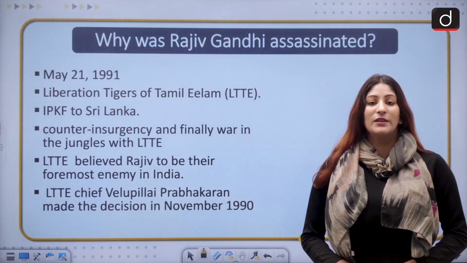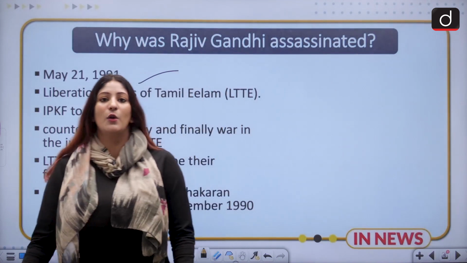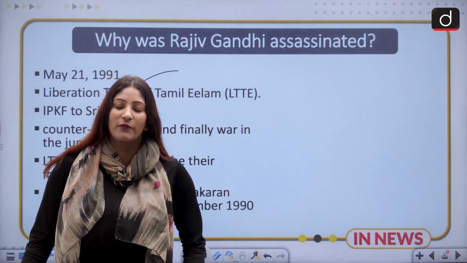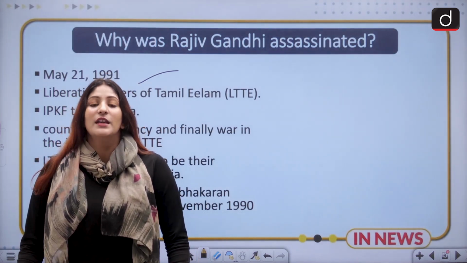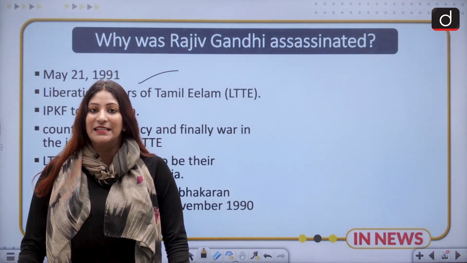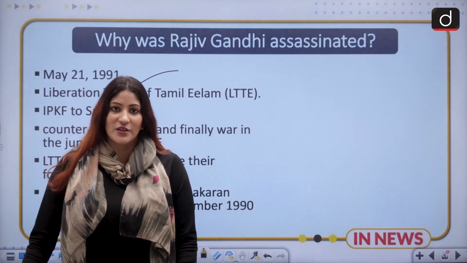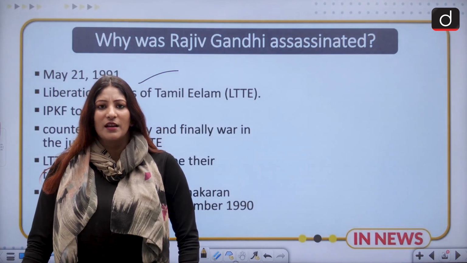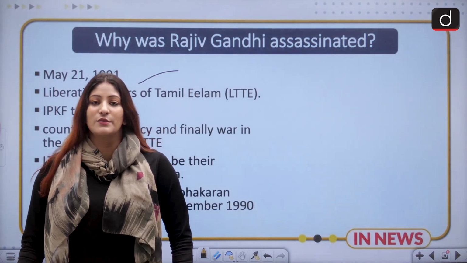It was on May 21, 1991 when India lost its youngest Prime Minister at the age of 40. He was assassinated by a woman named Dhanu. Dhanu was one of the 8 core members of LTTE. Now, as Dhanu was approaching Rajiv Gandhi to touch his feet, a policewoman named Anasuya Daisy was preventing her from doing so.